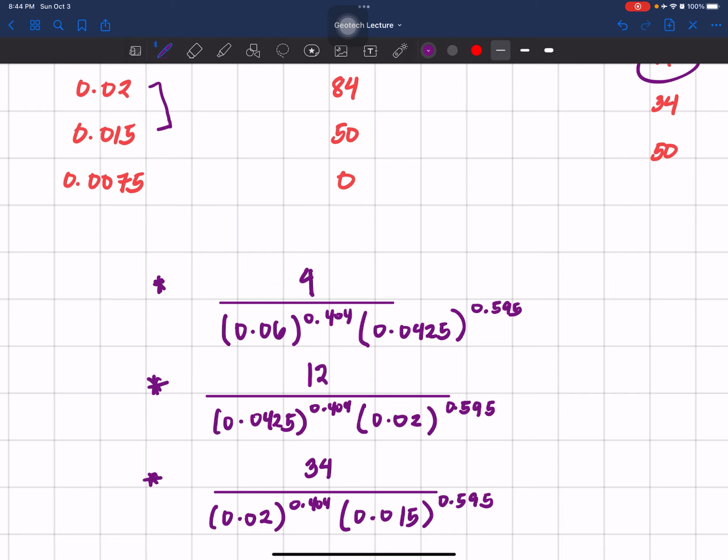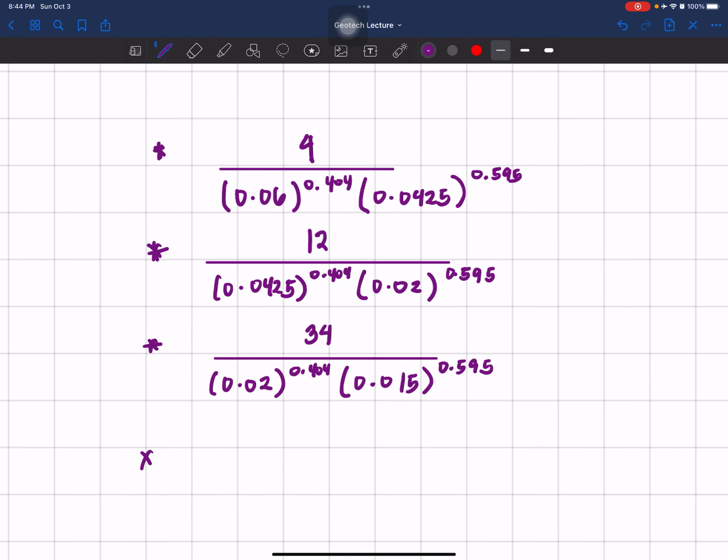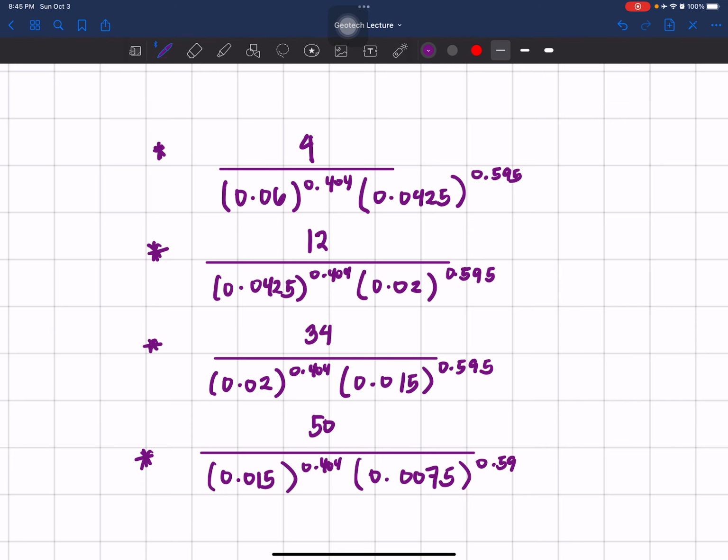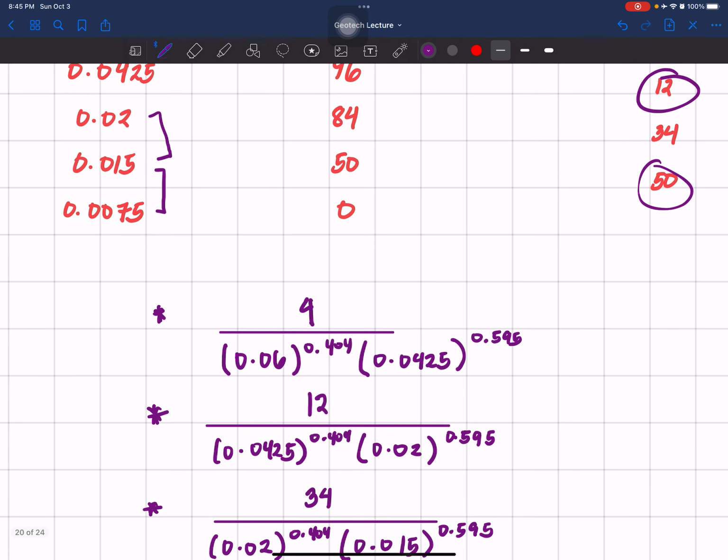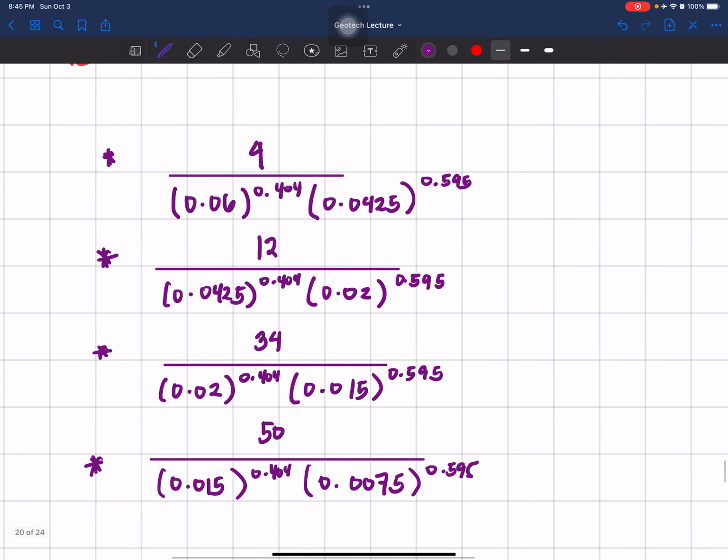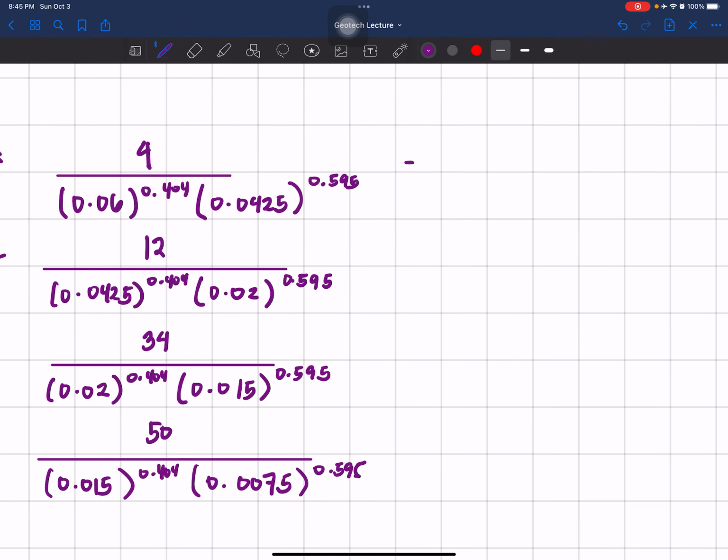Next naman, pinapagitnaan si 50. Okay, so ito naman yung dalawa nating gagamitin. So, lagay natin dito is 50 all over 0.015 raised to 0.404 multiplied by 0.0075 raised to 0.595. Ayun, guys. So, 0.015 and 0.0075. Ayan. So, what will be the values of this?